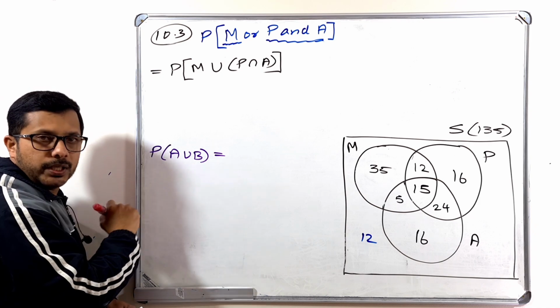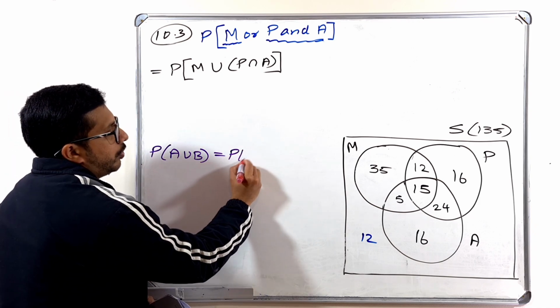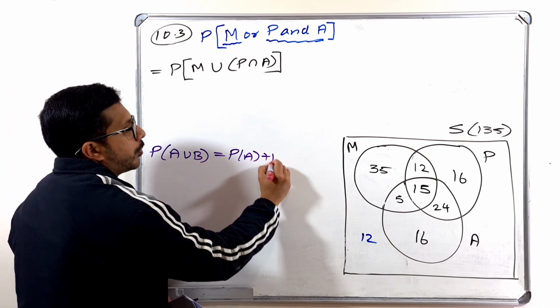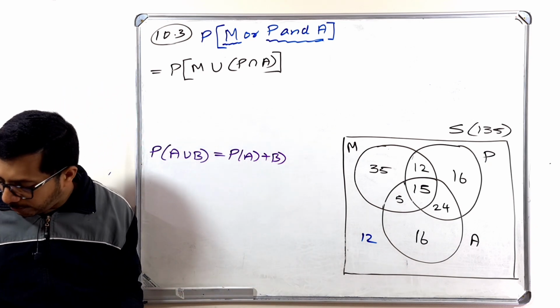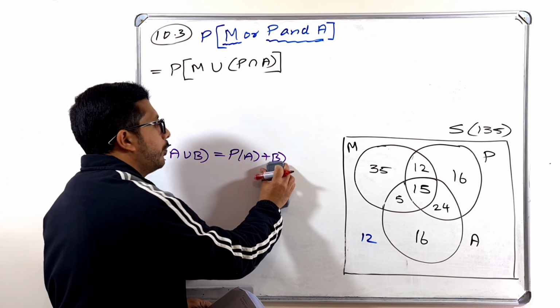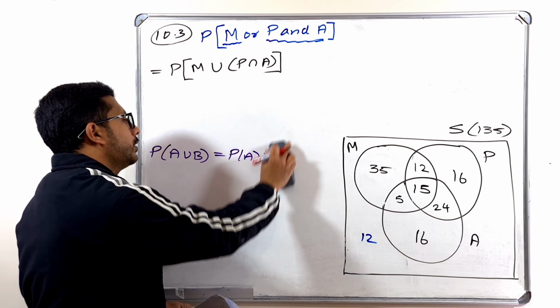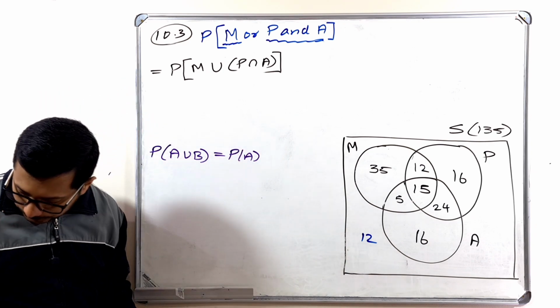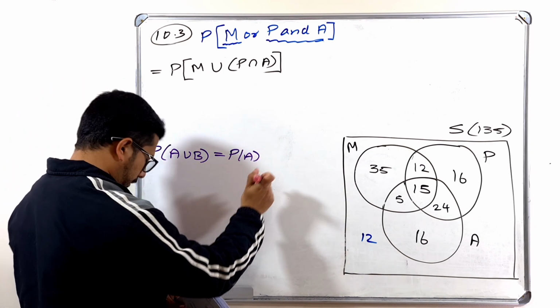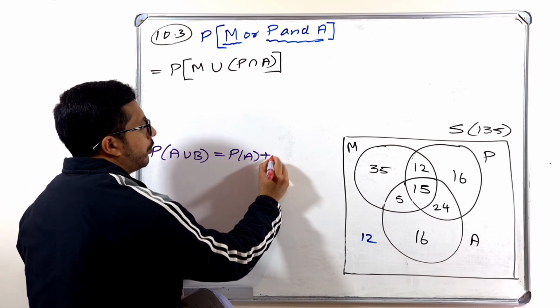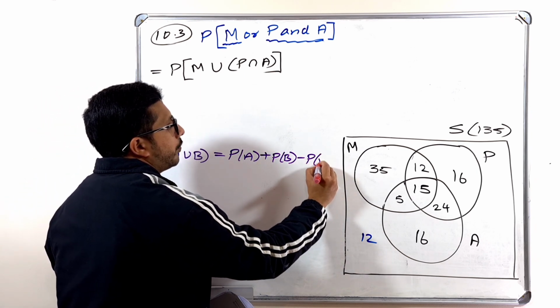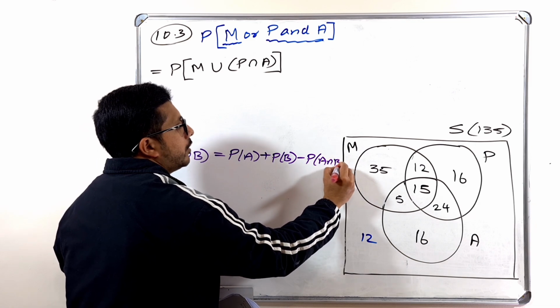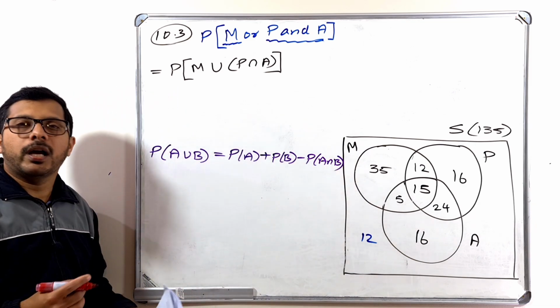The probability of A union B is the probability of A plus the probability of B minus the probability of A intersection B. This is the addition rule.